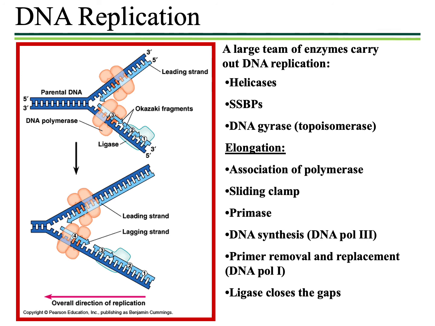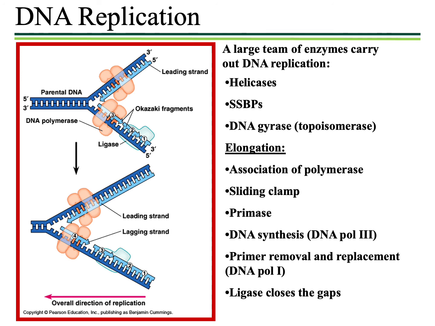Its job is to do the synthesis of DNA during the replication process. Also listed on here is an enzyme known as the sliding clamp, and the sliding clamp binds the DNA polymerase to the template to make sure that that polymerase stays on track, doesn't fall off, continues the DNA synthesis process. So the sliding clamp is a really important enzyme as well.